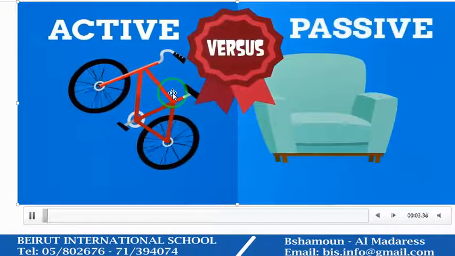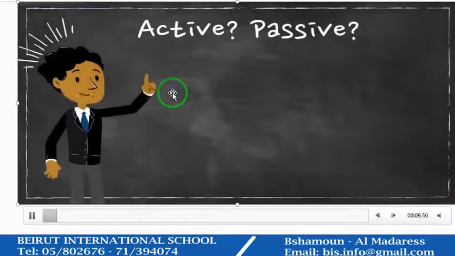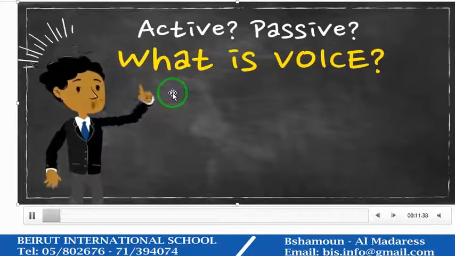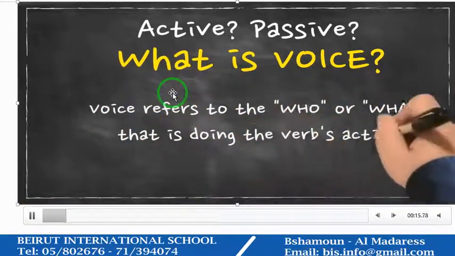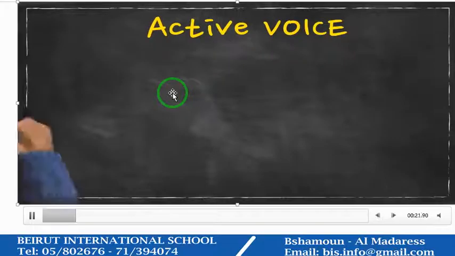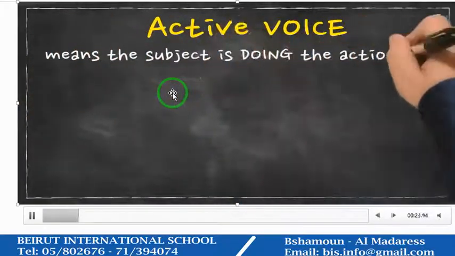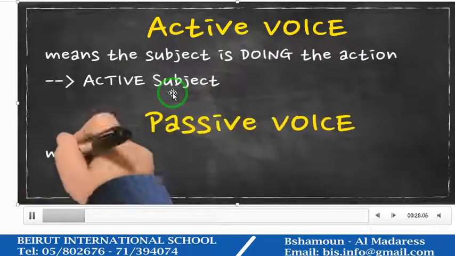Now, you have the active versus passive voice. Well, see, active, passive, you're going to ask, and what is a voice in the first place? Well, the voice refers to the who or what that is doing the verb's action in a sentence. Okay, fine. So in the active voice the subject is doing the action, therefore it's an active subject.